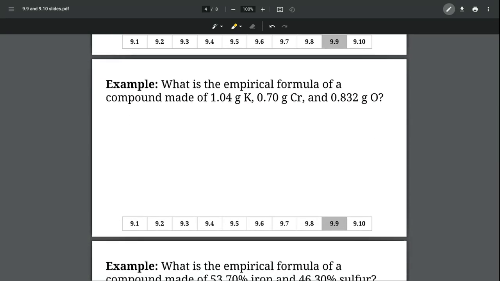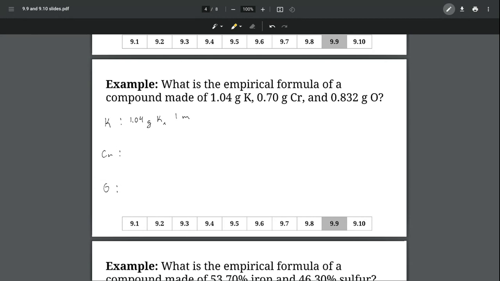What is the empirical formula of a compound made of 1.04 grams K, 0.70 grams Cr, and 0.82 grams O? All right. So let's start with K, Cr, O. It's going to give us that starting value for K, 1.04 grams.